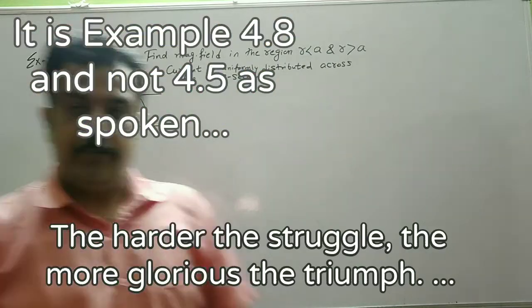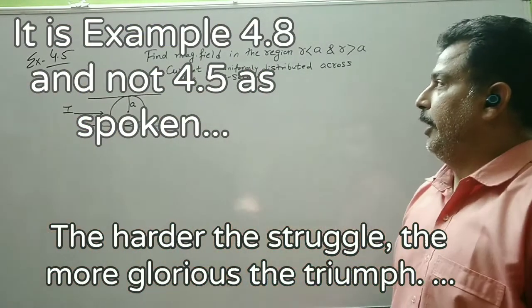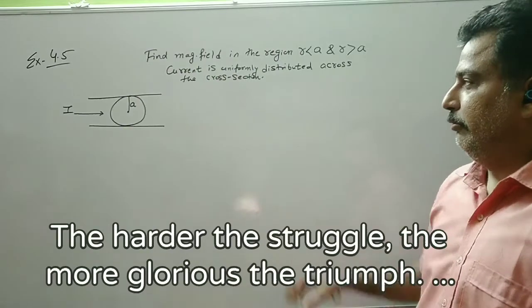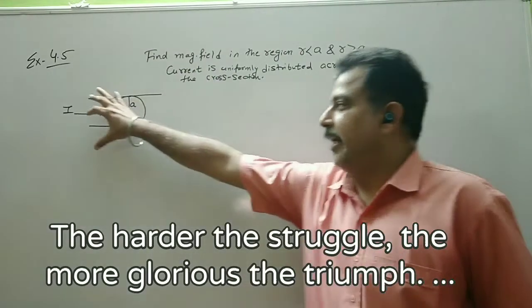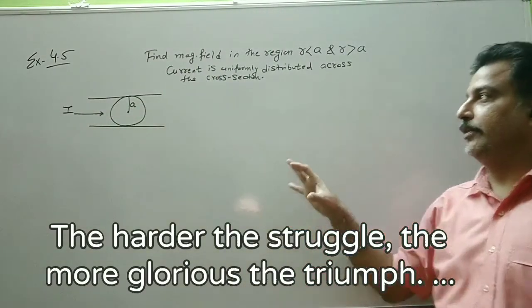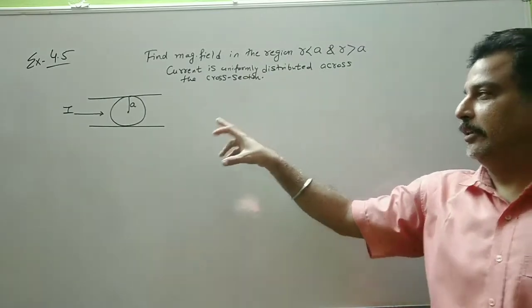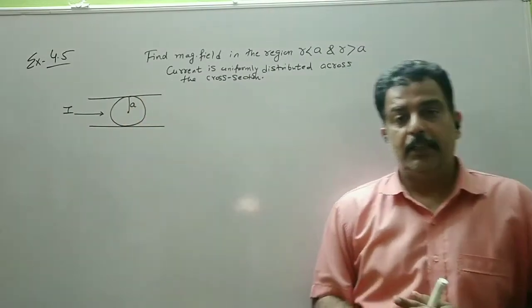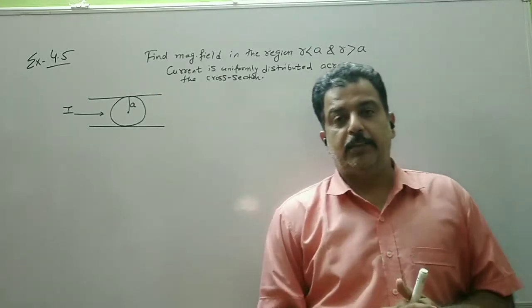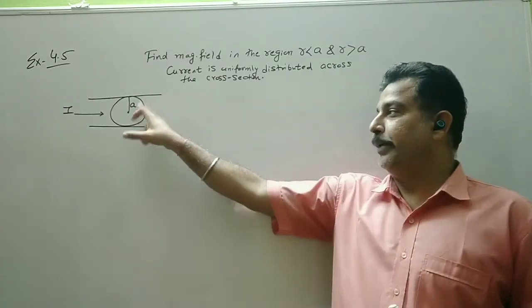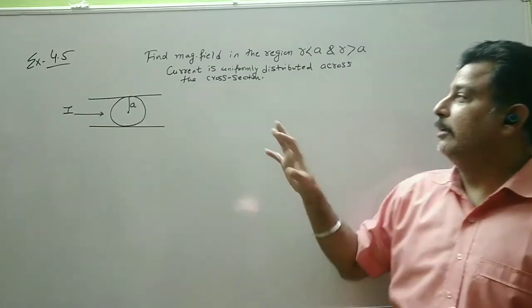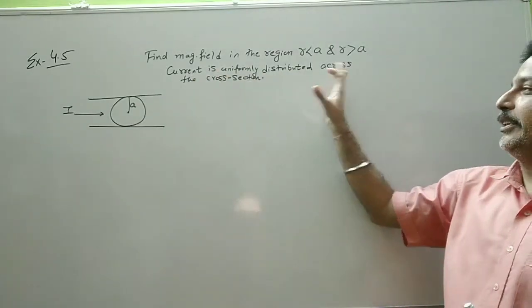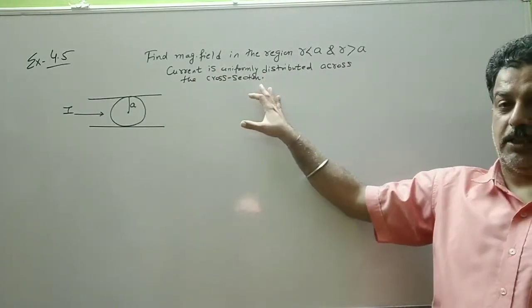Let us say example number 5, in which we have a current carrying cross section where the radius of the cross section is A. So we have a wire having the radius of the cross section to be A, and current is uniformly distributed across the cross section.